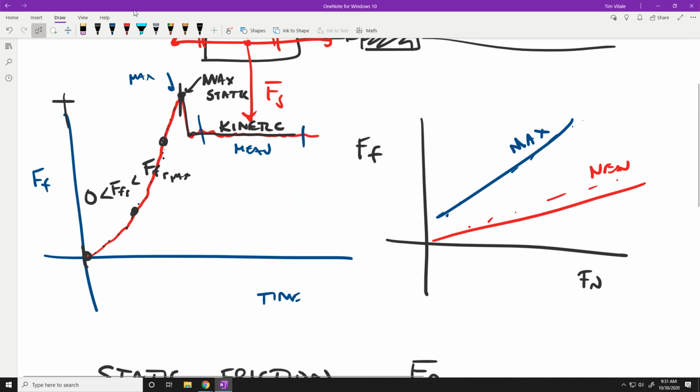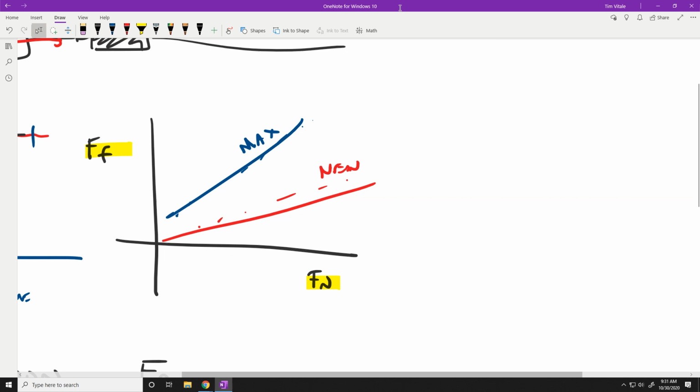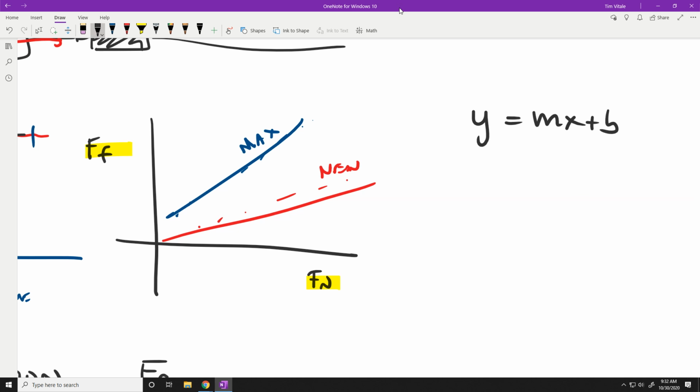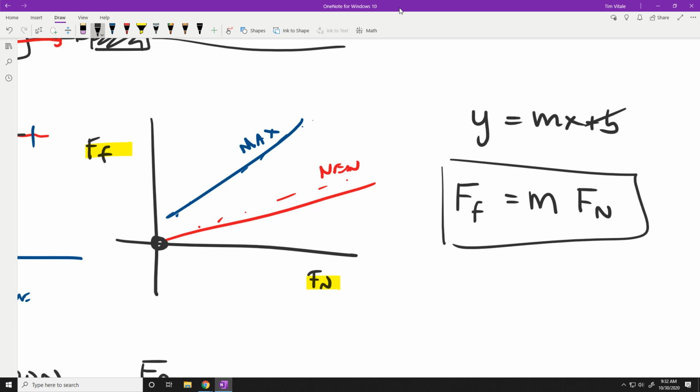Number two, the other big takeaway from this is that there's a linear relationship between friction force and normal force. And if we write the equation for that, let me just scroll over here. If I make a y equals mx plus b equation for this, first of all, the y-intercept should be 0, so again, that goes away. And then I have force of friction on the y-axis, I have some slope, and then I have normal force on the x-axis. This right here is going to be our equation.